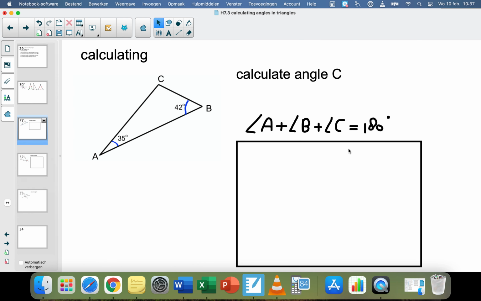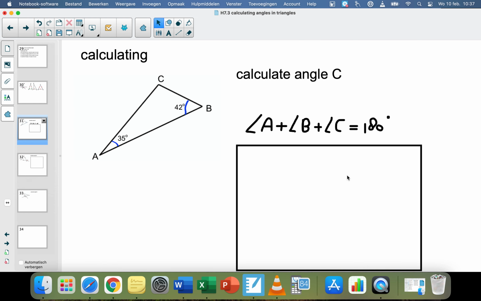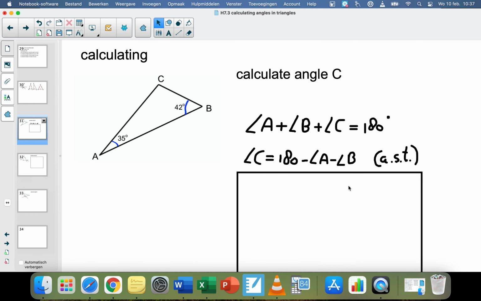We write angle A plus angle B plus angle C is 180 degrees. Or we can already go to the next step. Angle C is 180 minus the other two, because the three of them together are 180. That means that angle C is 180 minus all the other ones, so it's always what's left after we already have the first two angles.